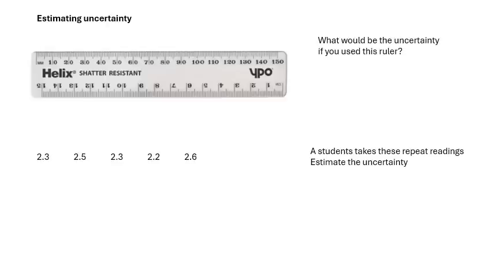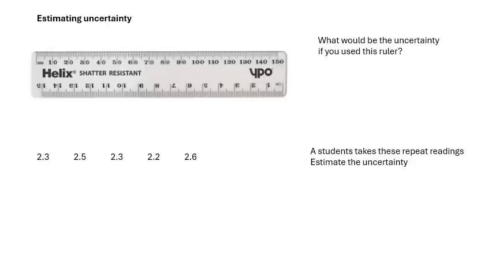Well, the smallest scale division is 1 millimeter. So the resolution of that ruler is 1 millimeter. So I would say that the uncertainty is plus or minus half a millimeter. Yes? So you can estimate the uncertainty from the resolution of the measuring instrument.